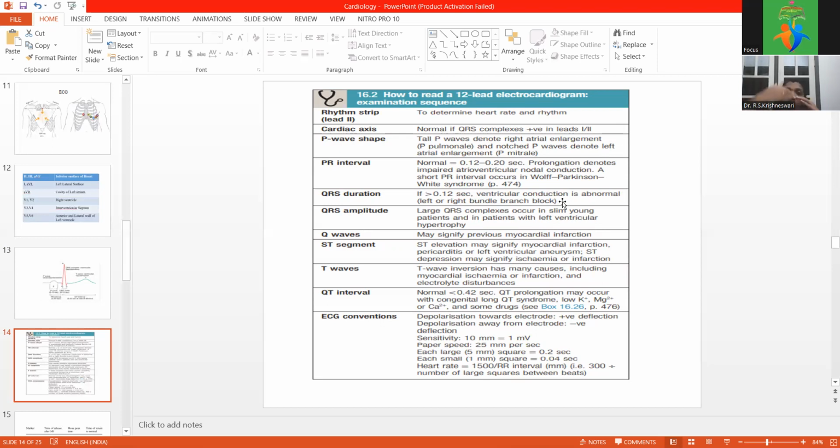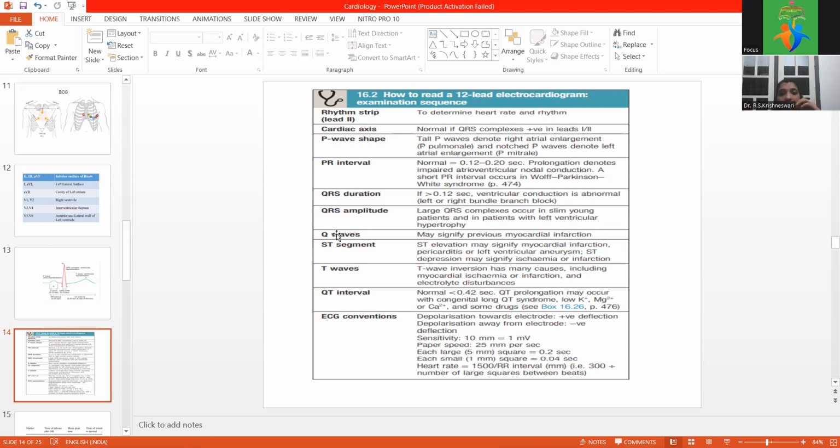So regarding the ventricles, the bundle branches and the Purkinje fibers supply the impulse. So when the QRS duration is more, there is some block in the bundle branch. That's why it takes more time for conduction. So QRS duration is more, there is bundle branch block.